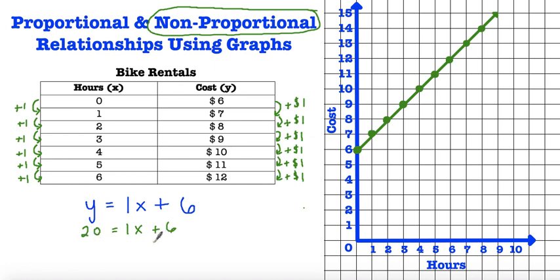So we would just solve for x, subtract 6 on both sides. 20 minus 6 is 14, is equal to 1x. Divide both sides by 1. x is equal to 14. So for $20, we could ride this rental bike for 14 hours.